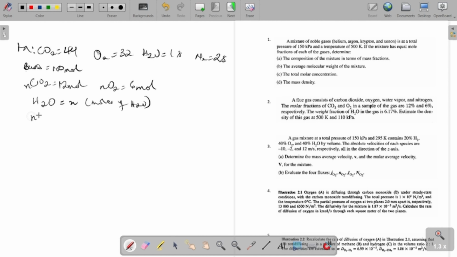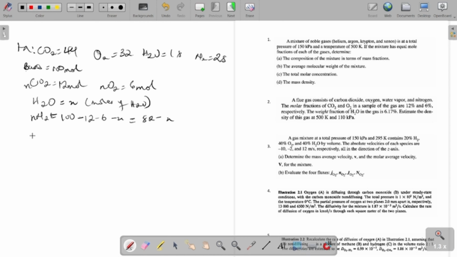That means the moles of nitrogen becomes 100, since the total is 100, minus 12 minus 6 minus x, which gives us 82 minus x. You get it?